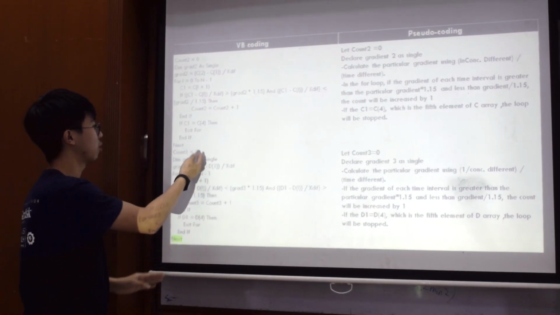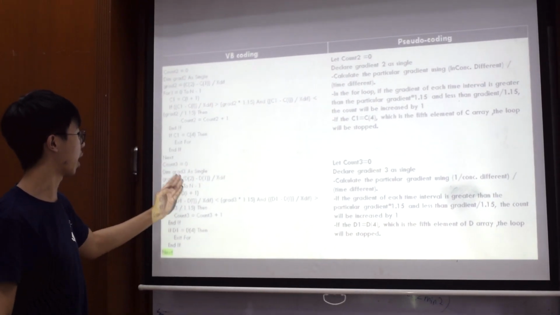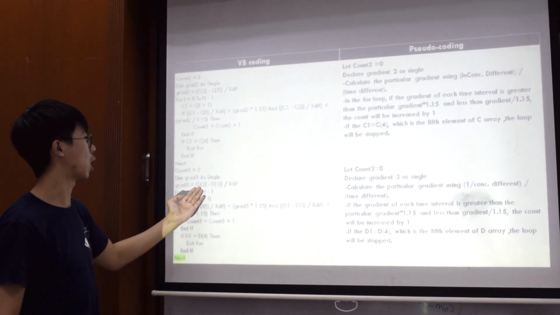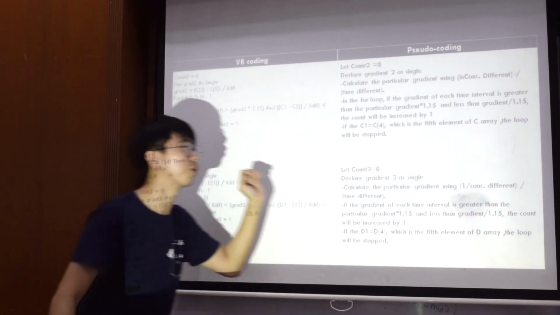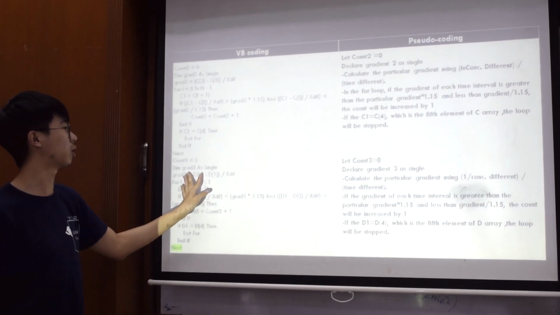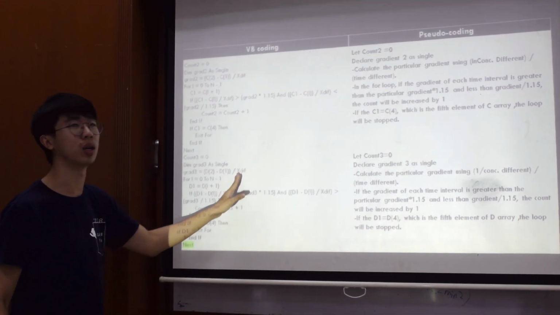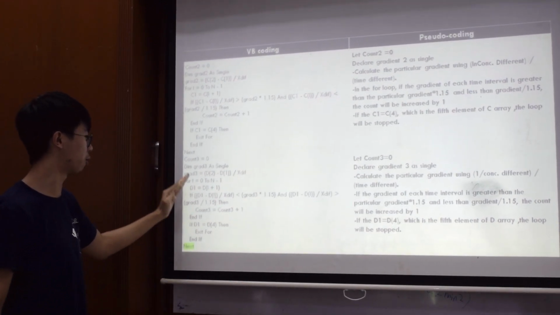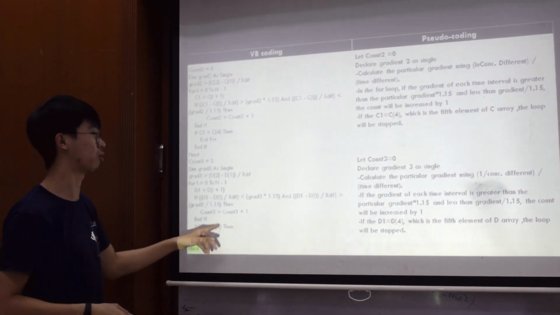The next one is for the second order. For second order we use count 3, and we use 1 over concentration, D2 minus D1 over x difference. The following steps are the same, and it will stop the loop at D equals 4.